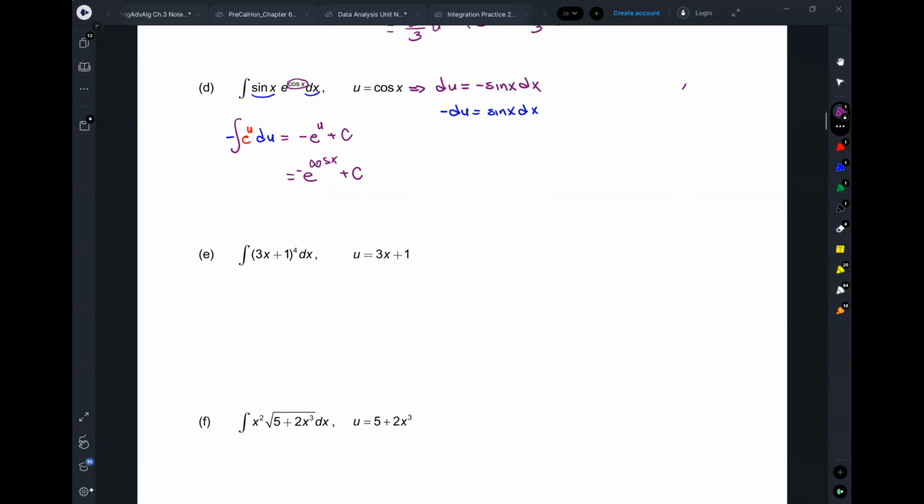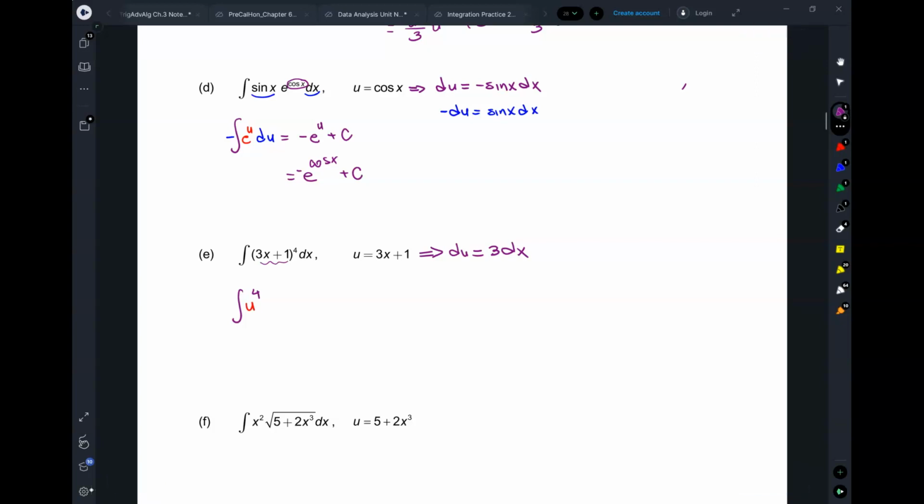Next one. You have something to the power of 4. So that something is your u. Now here we take a derivative. Du is 3 times dx, the derivative of x. Now, let's go over here. Take a look. I have the integral. What is the u? Always put the u in there first. So it's u to the power of 4.